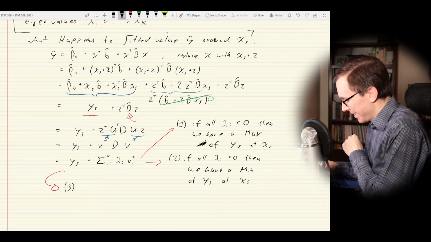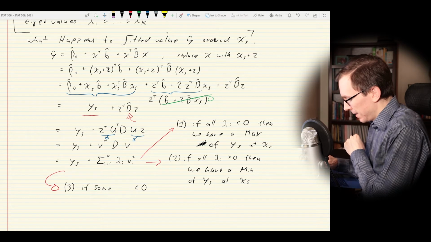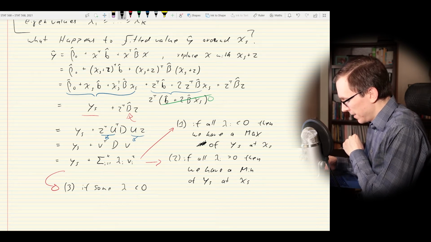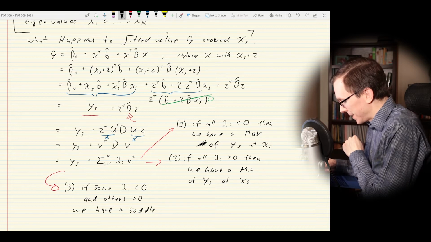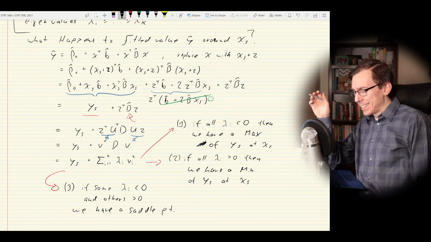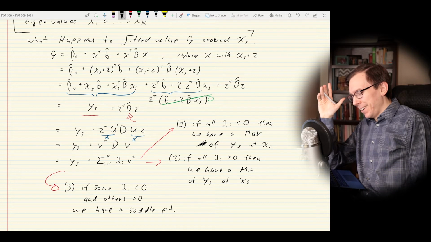The annoying answer is if some lambda i are less than 0 and others are greater than 0, we have a saddle point, which looks a lot like that saddle dome if you've ever been to Calgary. At least in 2 dimensions. In 3 dimensions and 4 dimensions, it's going to be a little bit harder to visualize. But we have a saddle point.